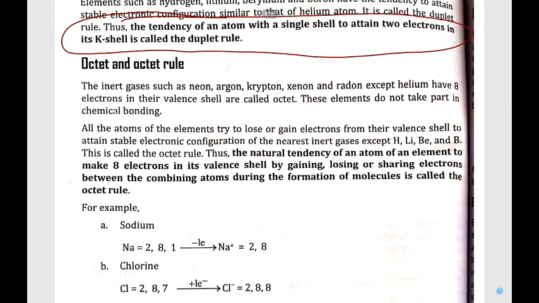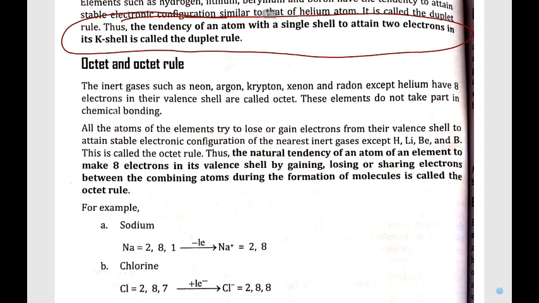Now let's discuss octet and octet rule. You know octagon. What is the meaning of octagon? 8 sides is octagon, right? So here octet means presence of 8 electrons in the valence shell of an atom.